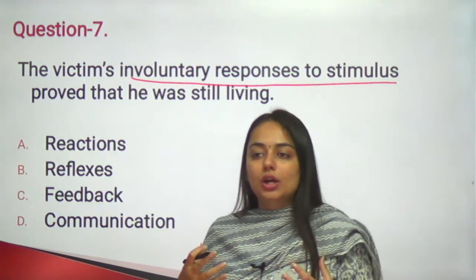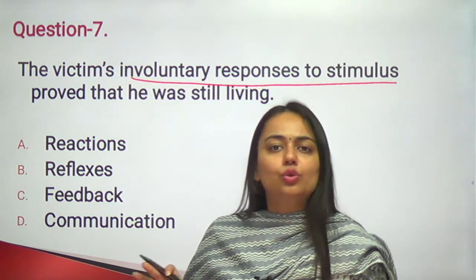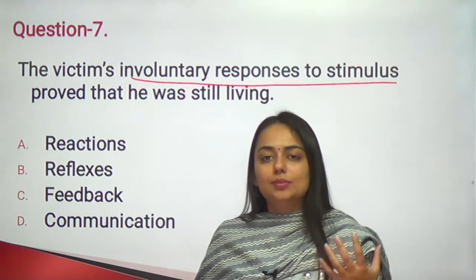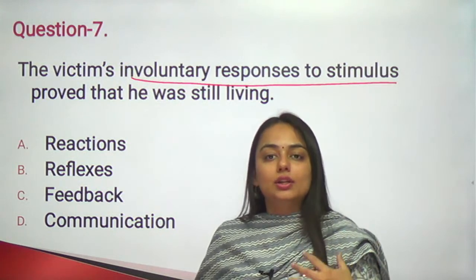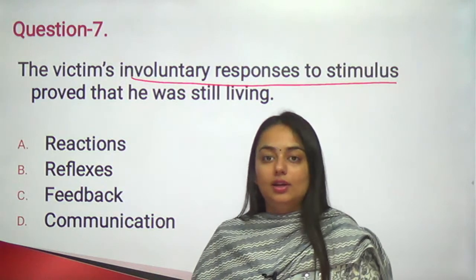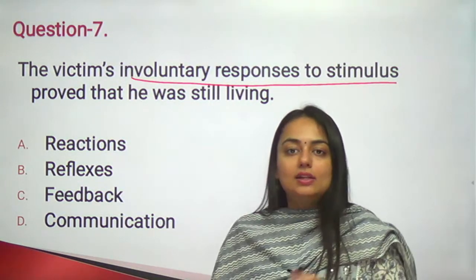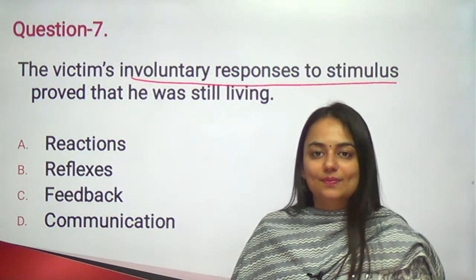Something that you do deliberately. Involuntary is something natural on which you don't have any control. So there are sometimes involuntary reactions from our side. What are those reactions known as? The involuntary ones that we cannot control, and they are triggered by a stimulus.